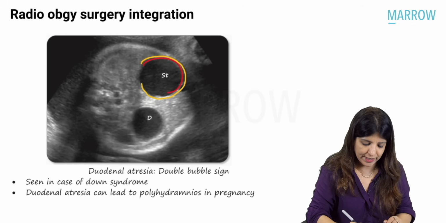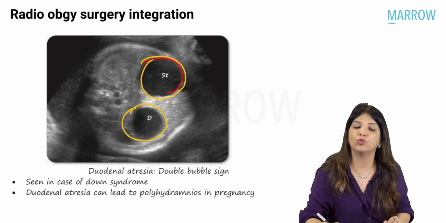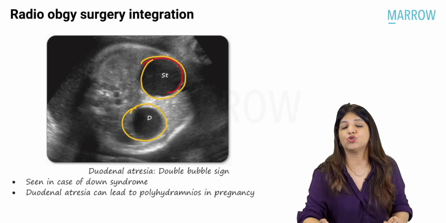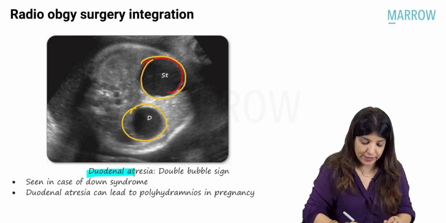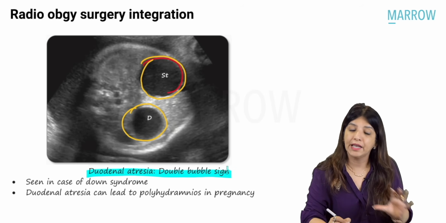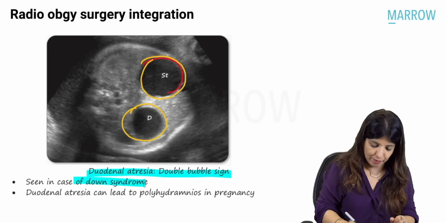Right? Then, this image over here can be asked to you as a radio-obs-surgery integration. Over here, you are getting a double bubble sign. In a double bubble sign, this is what you know. Again, in surgery, you've done that. This you get in case of duodenal atresia. Now, how are they going to link it to OBGY? Duodenal atresia is seen in case of Down syndrome. Number one, very, very important.